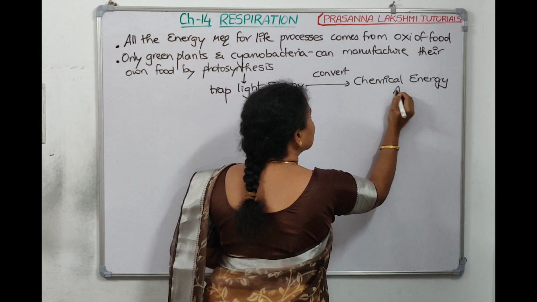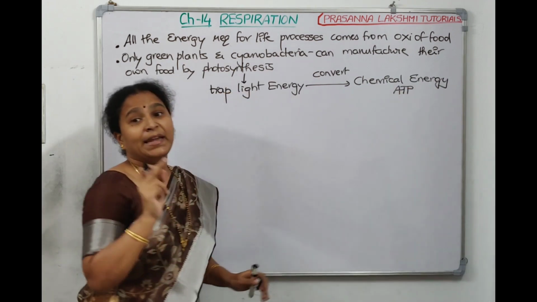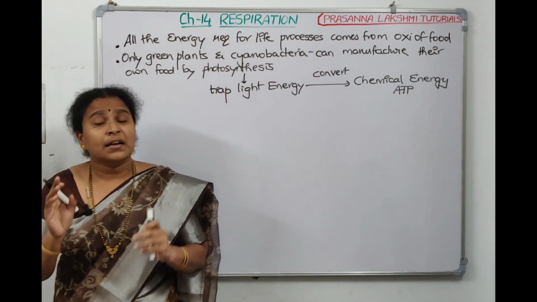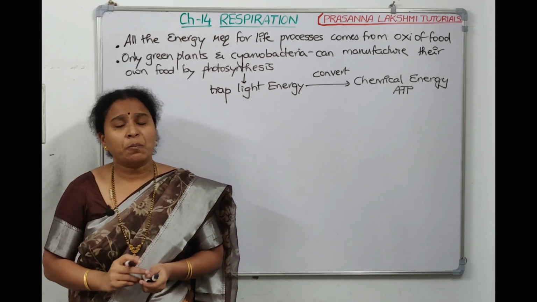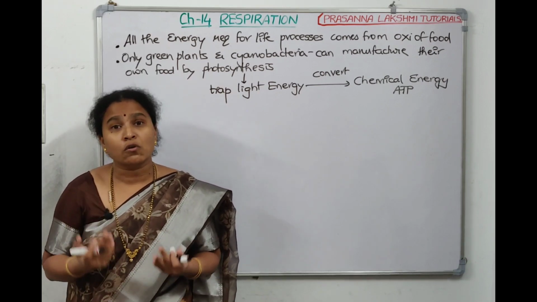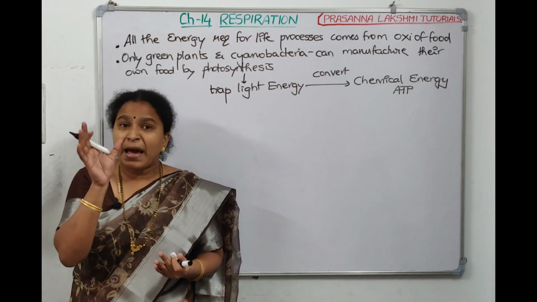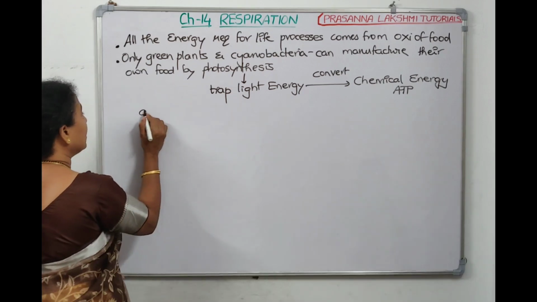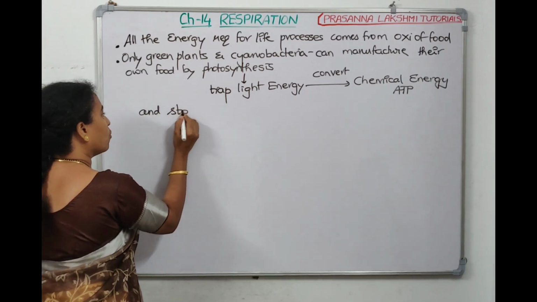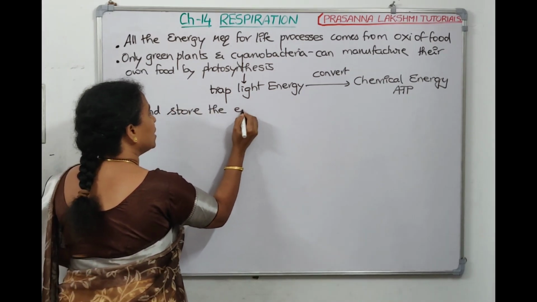Chemical energy means ATP energy. We know ATP is a currency, and they store it in the form of bonds. Through photosynthesis, what do plants prepare? Carbohydrate, glucose, sucrose. So they prepare chemical energy and store it.